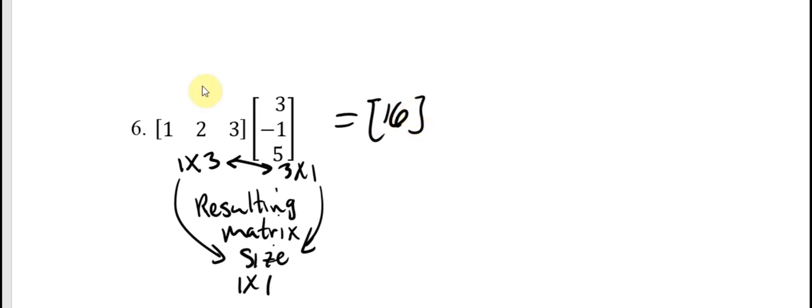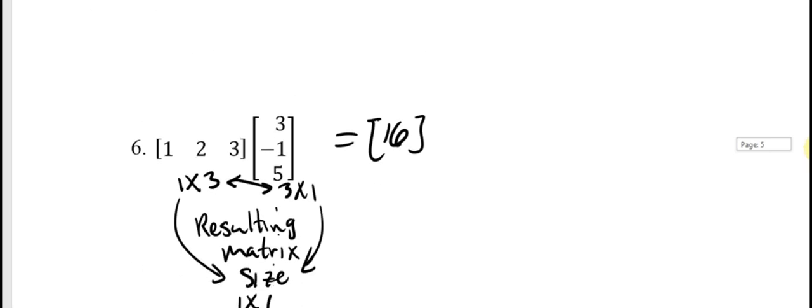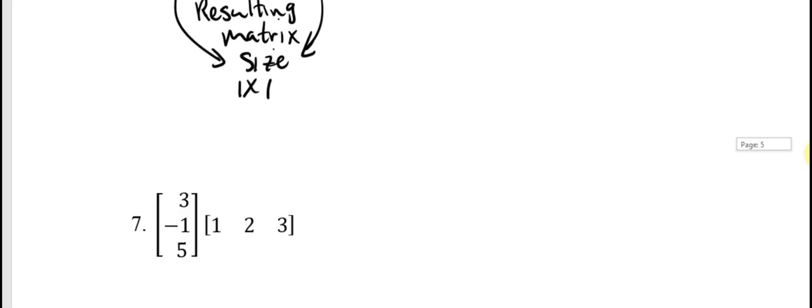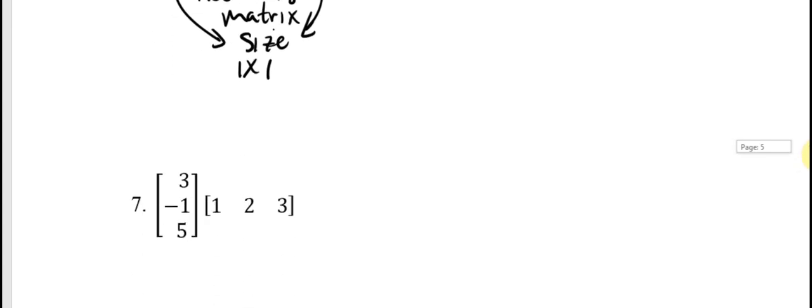Now I'm doing the same thing here with number 6 and 7. So you can think about this as being A times B. Look, that just gave us a one-tuple, just a number.